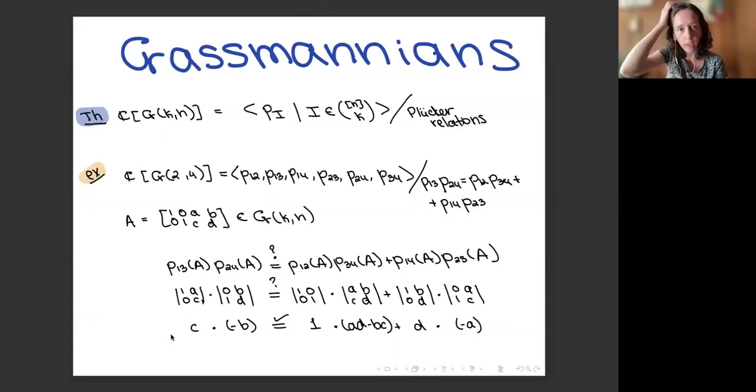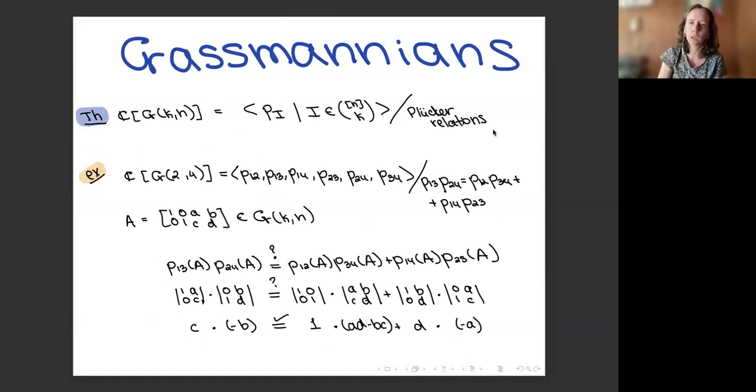Again, this is very classical and was studied before, and it is known that the coordinate ring of the Grassmannian is generated by these Plucker coordinates, all of them. But they actually have relations between them; they are not independent variables at all. So you have to mod out by something called the Plucker relations.